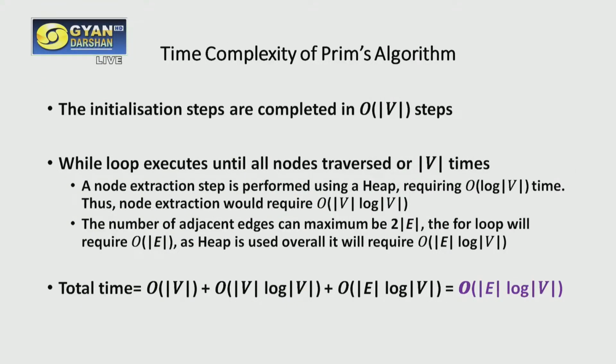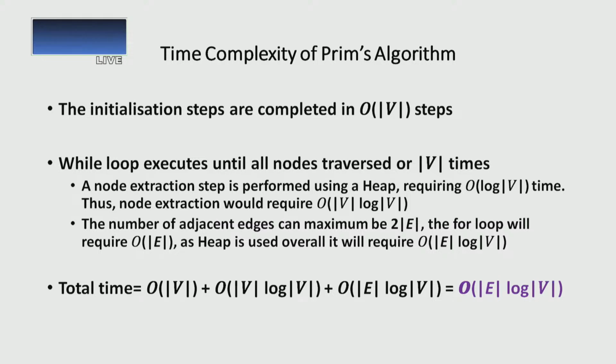Now the question comes, what is the time complexity? How much time will it take to create a minimum spanning tree for a given graph? In the algorithm, we can see that there are two parts. One is the loop where we are creating the MST, another is the initialization part.